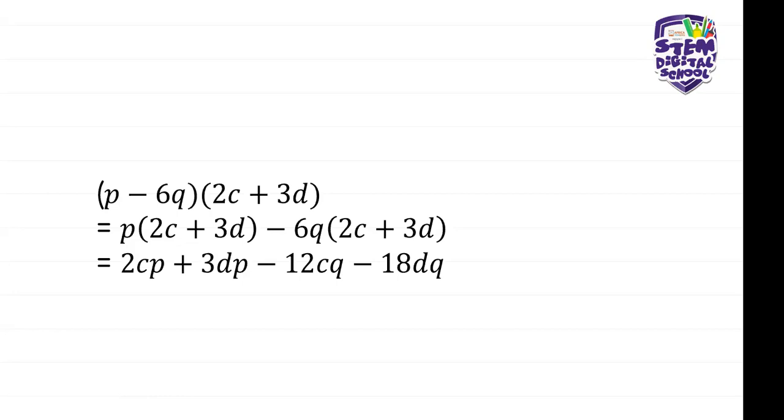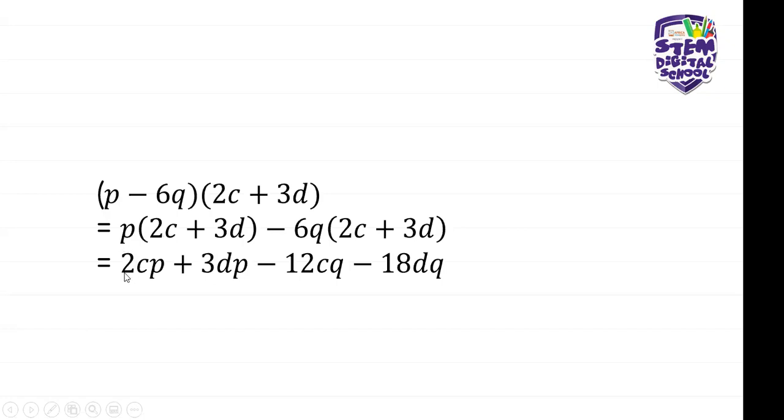Then minus 6Q into 2C plus 3D. So you can see that 2C plus 3D appears twice. You firstly multiply the first term there, which is P, by the binomial, and thereafter you come to the second term, which is now negative 6Q. So first things first, you take P and multiply it by 2C.